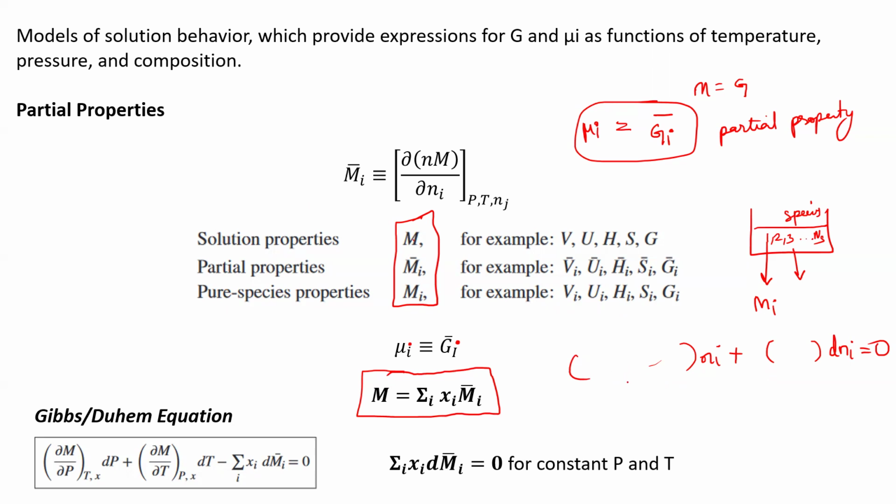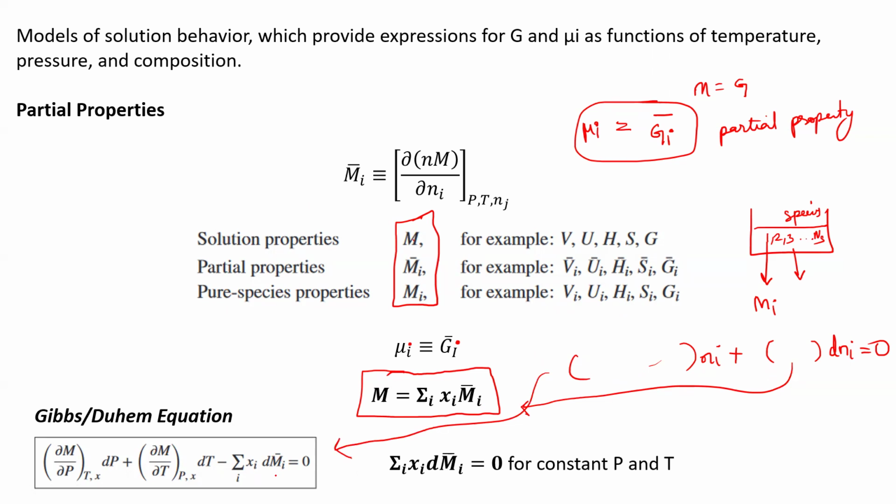From this, we get this one, and from this, we get this one. So M is equal to sigma xi Mi bar, and also we get ∂M/∂P, ∂M/∂T minus sigma xi dMi bar.